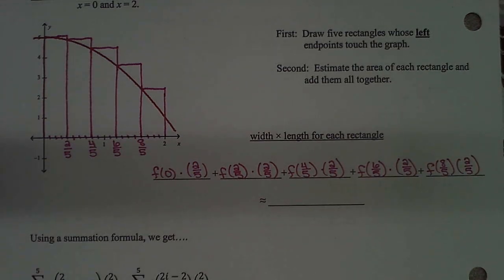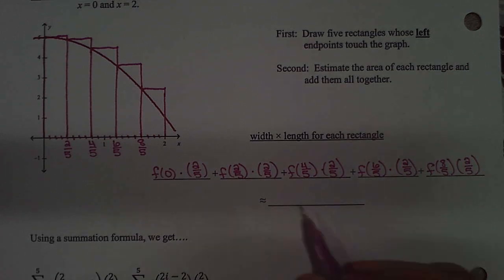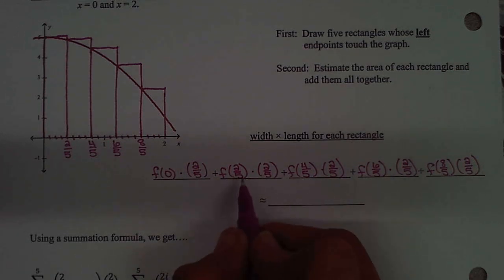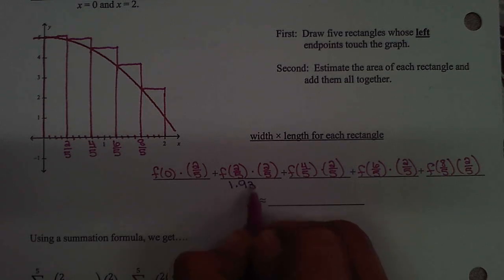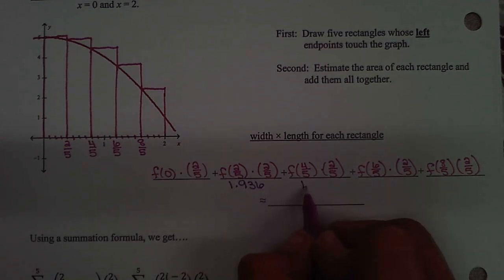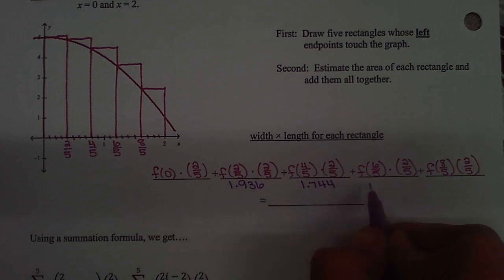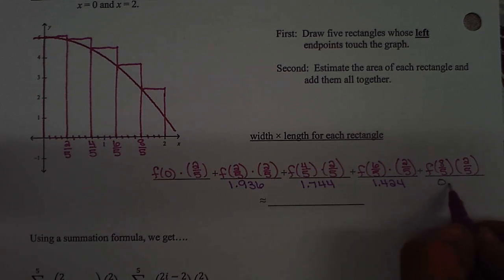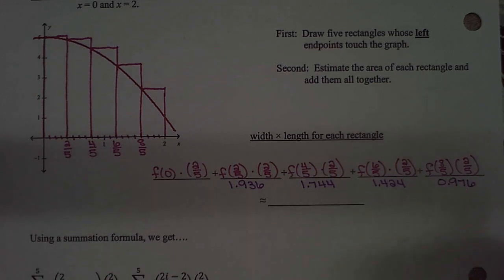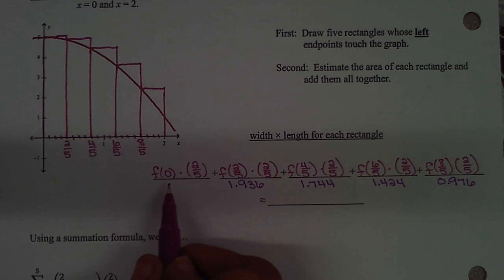Now on this one, these last 4 are going to be the same as what was on the other side, because we already figured that when we evaluated at 2/5 and multiplied by 2/5, we got 1.936. This one was 1.744. The fourth rectangle is 1.424. The last one is 0.976. And the one that's new now is this first one.